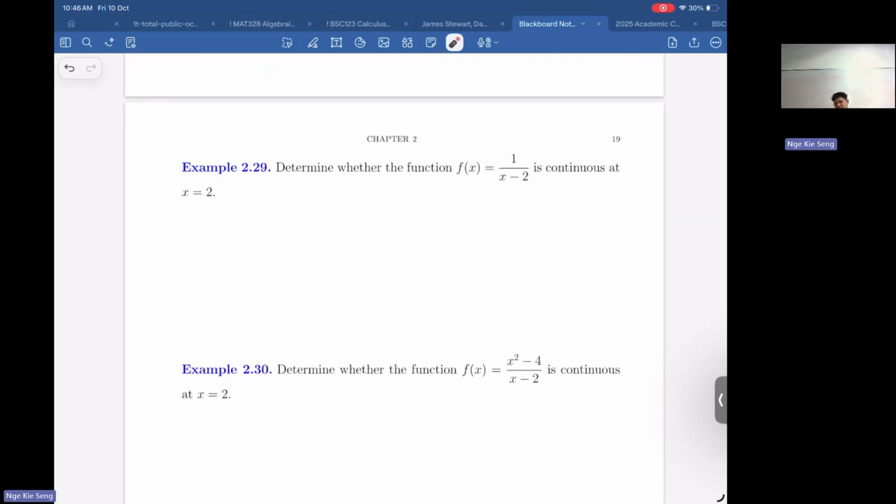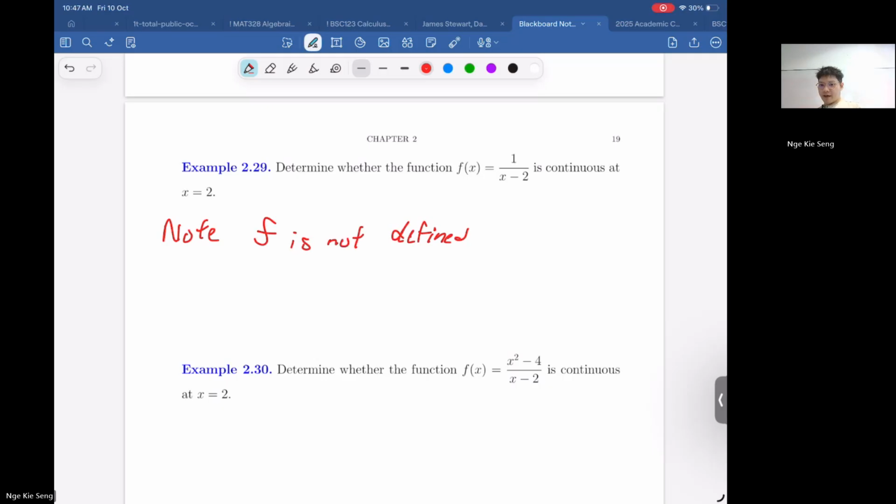So is this function continuous at x equals 2 or not? No. Why? It's not defined. Very good. So f is not defined at x equals 2. Then you don't even need to check the limit already, right? Checking the limit is very troublesome.